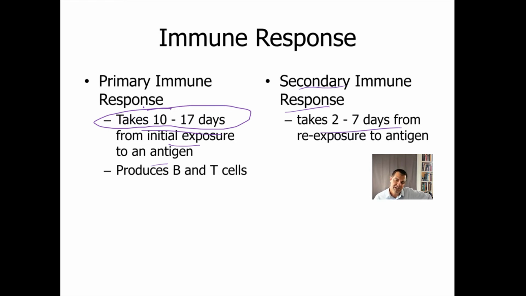That's just a coincidence. Other things take a lot longer, and some things take a shorter amount of time. But as a general rule, the primary immune response for most people, when their body first sees an antigen and makes antibodies to it, is 10 to 17 days. But if you've already been exposed to it, usually it's much quicker.